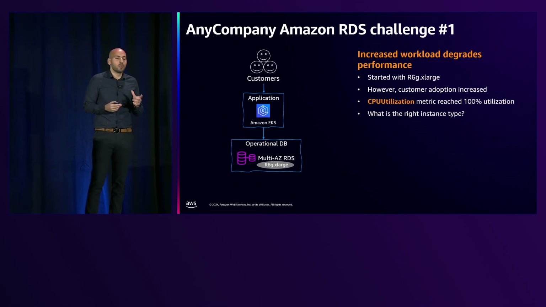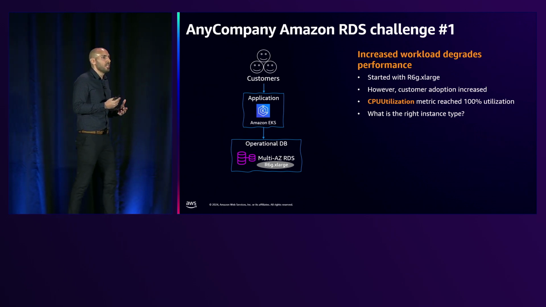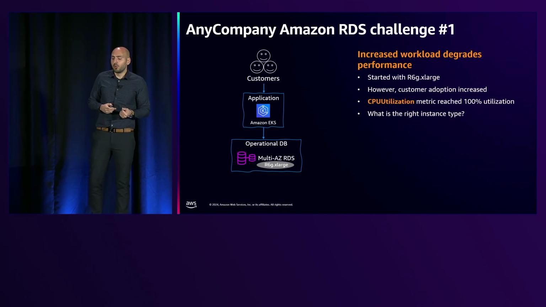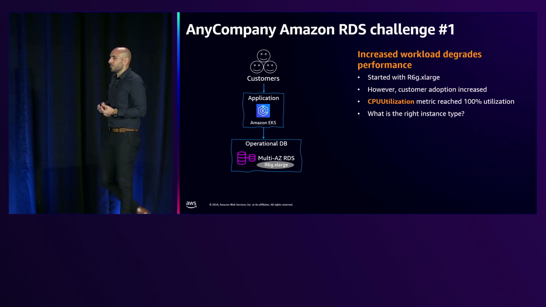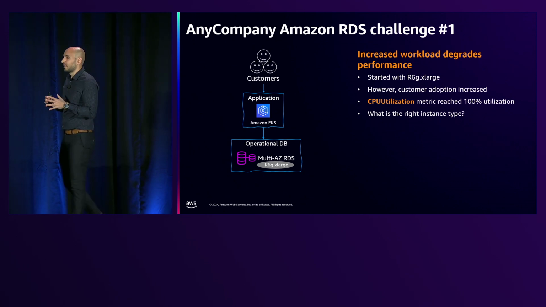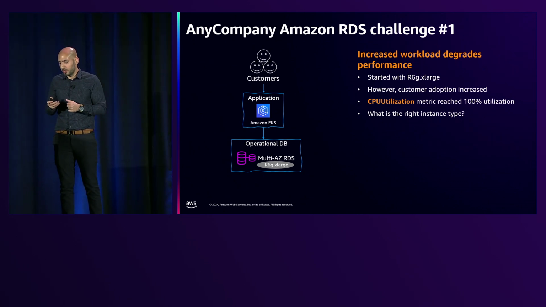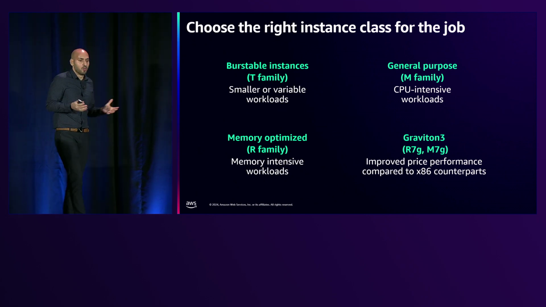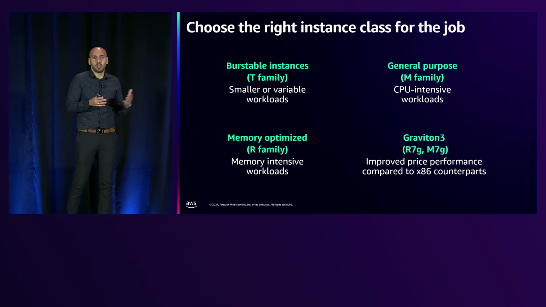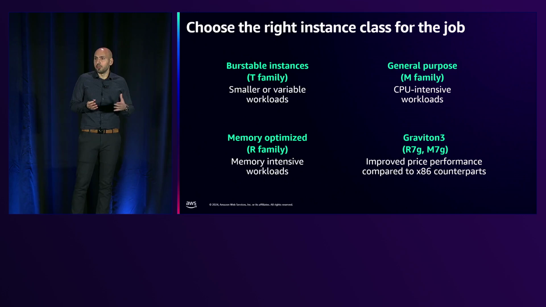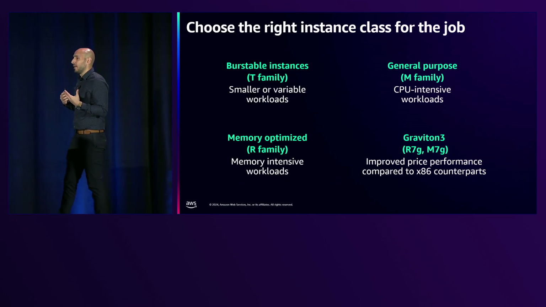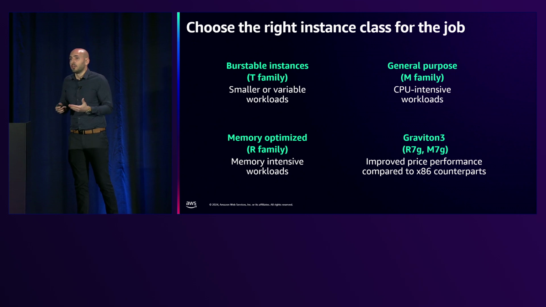So the obvious question that many customers ask us, what is the right RDS instance to use? And that could be a tricky one because there are so many RDS instance types that you can use. And this is a common question we get from customers. So we need to make sure we find a solution that is both performance and cost conscious. With AWS, you have plenty of options. So burstable instances are great for smaller or variable workloads. General purpose suits CPU-intensive applications.